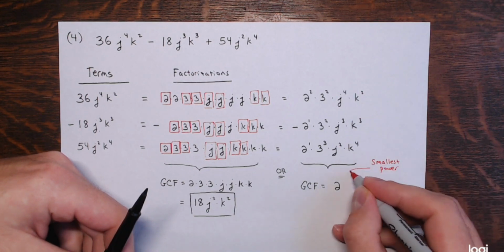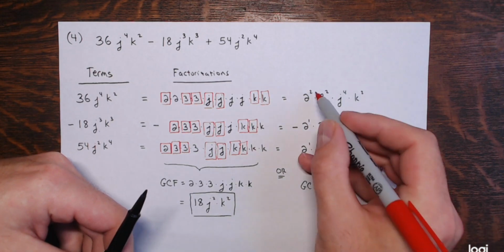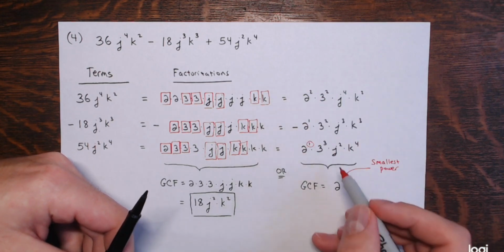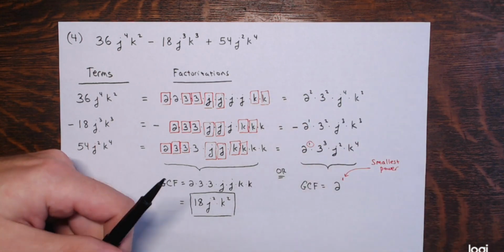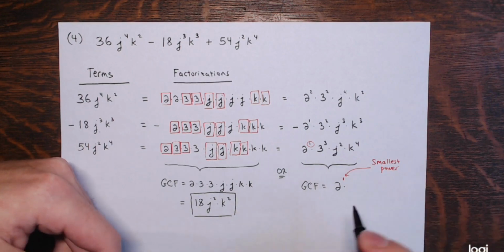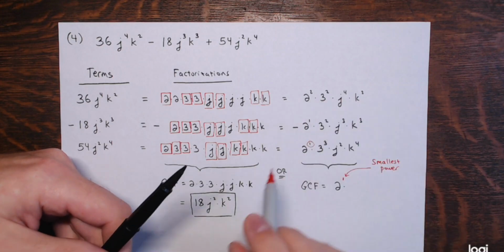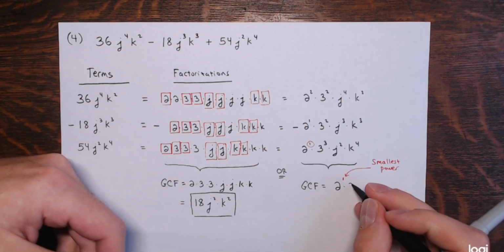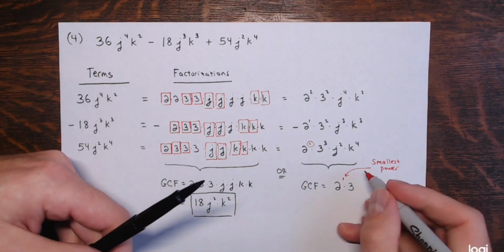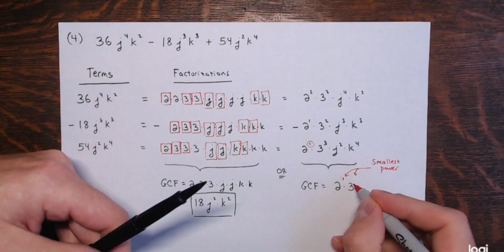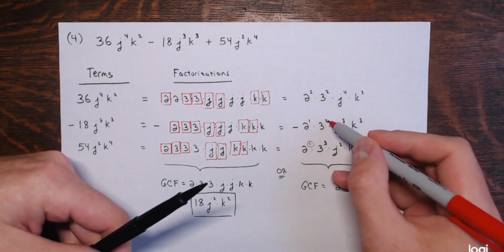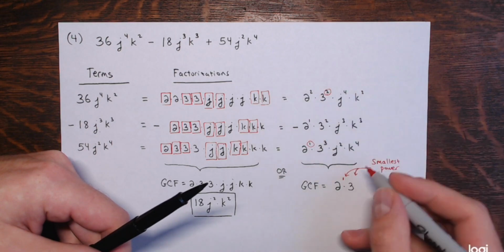It's the smallest power of 2, which is 2, 1, or 1. So 2 to the first, times. And then every single term has 3 to a power. So the greatest common factor is going to have 3 to some power. And again, it's going to be the smallest power on 3, which is 2, 2, 3, 2. 3 squared.